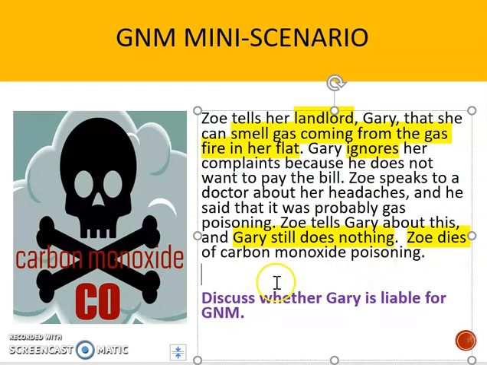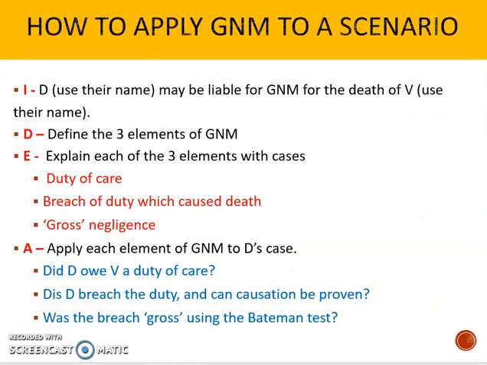So let's remind ourselves of the IDEA structure and look at specifically how it applies to GNM. So as always, we use IDEA: we identify, define, explain, and apply. So you're going to identify who your defendant and victim is. So we would be saying here, Gary may be liable for gross negligence manslaughter for the death of Zoe.